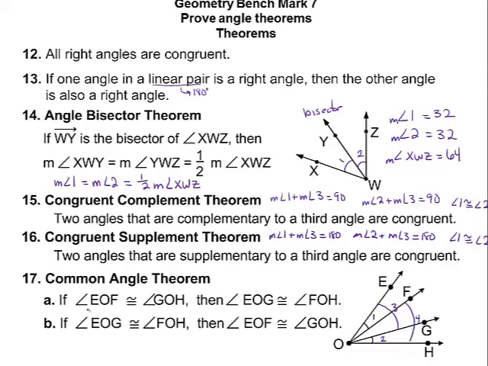Okay, so angle 1 is congruent to angle 2, and angle 3 is congruent to angle 4. So if these two little pieces are the same and you add this middle piece in, you get a bigger angle that's the same. And the same over here, if you have the bigger angles and then you take out the middle section that's the same, then the little angles will be the same.